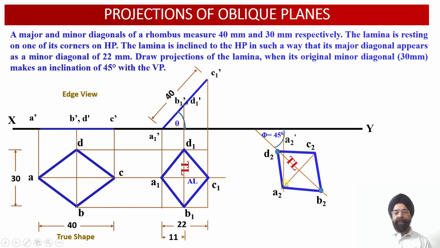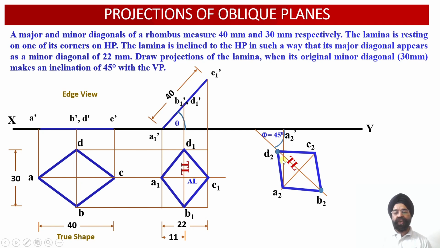So let us start. Here we have the A2 point. From the A2 point we are going to draw a vertical projector upwards and extend this till it intersects with the horizontal line drawn through the point A1 dash of the elevation. So the A1 dash horizontal projector will lie here.